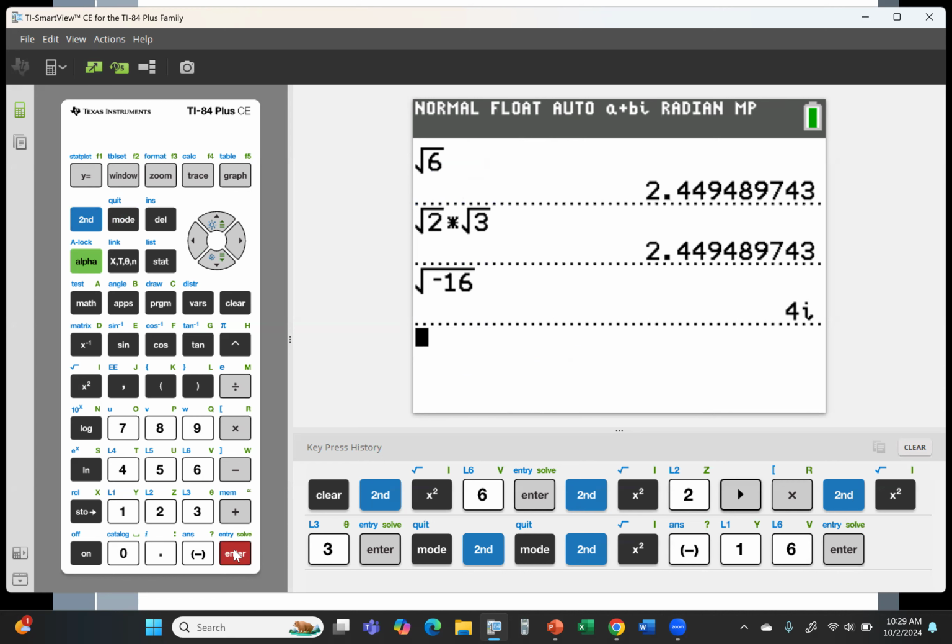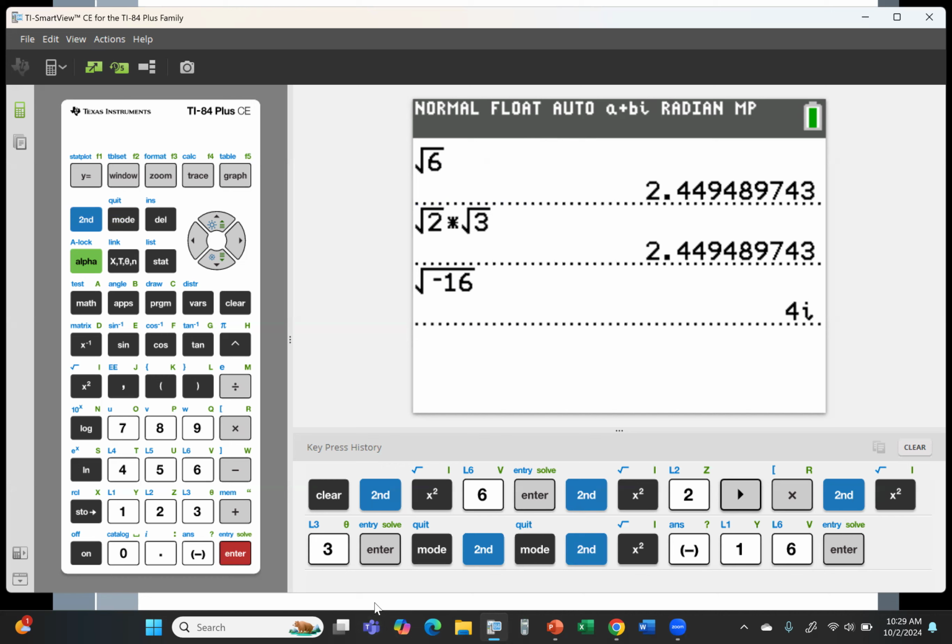It's 4i. So your calculator will do all of these calculations for you. If it can add, subtract, multiply, and divide real numbers, it can add, subtract, multiply, and divide complex numbers.